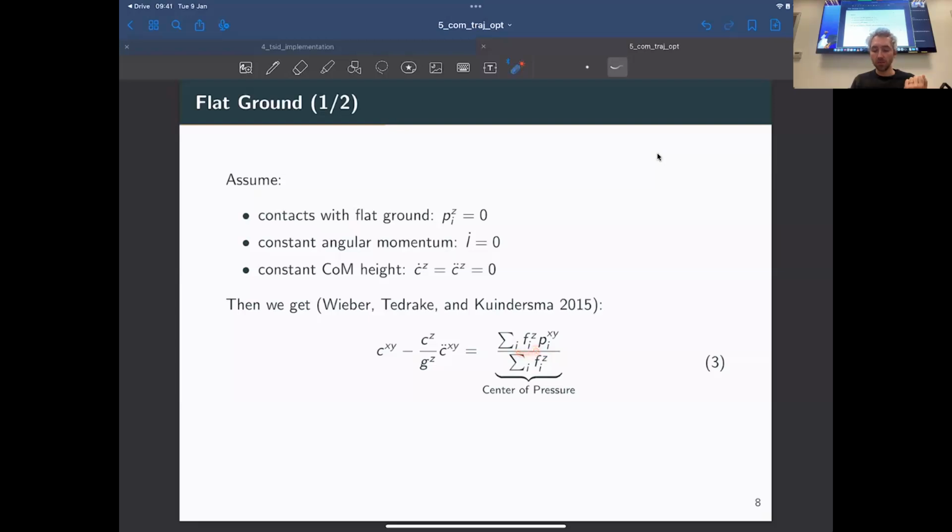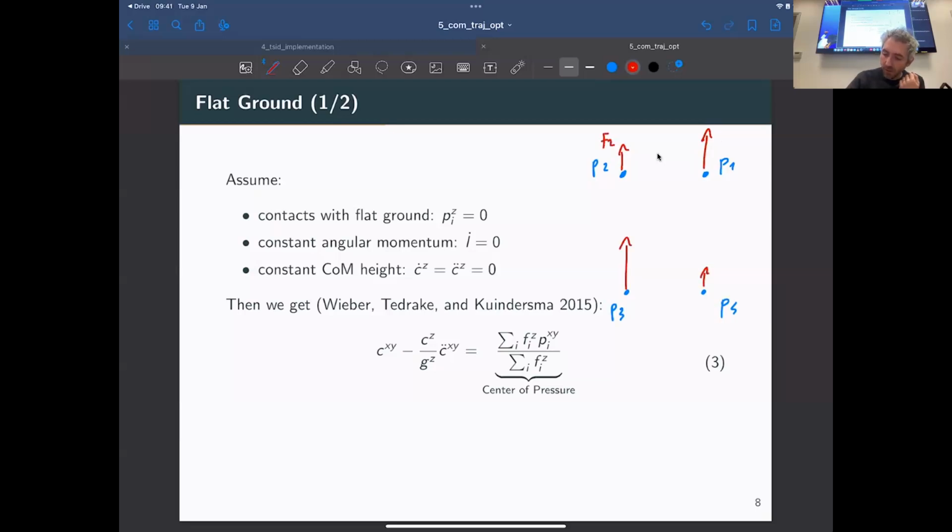Okay, so here again, I think the drawing I was doing before can help. We have 4 contact points, assuming we have a rectangular foot, which are P1, P2, P3, and P4. At each of these contact points, there's going to be a vertical force, which could be higher or smaller.